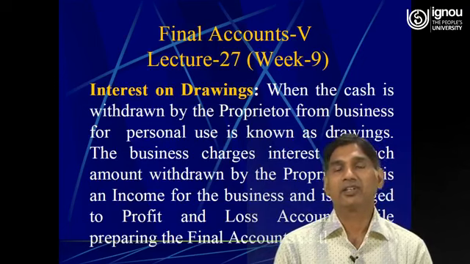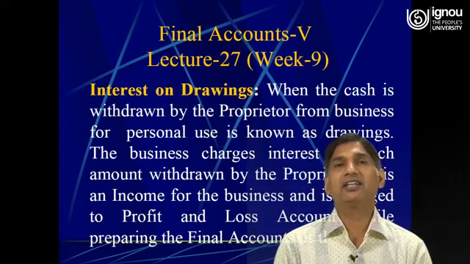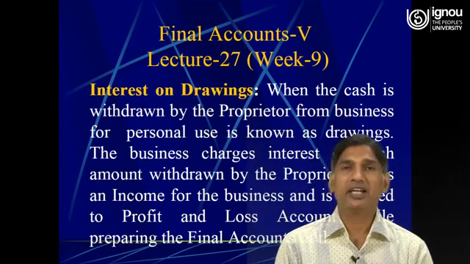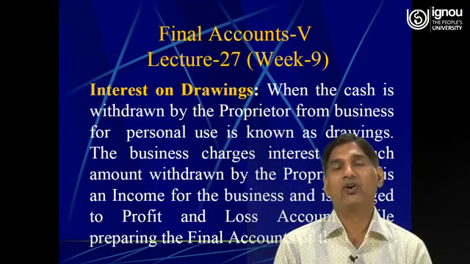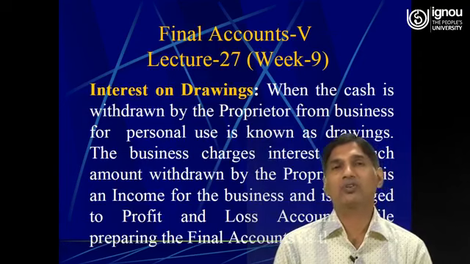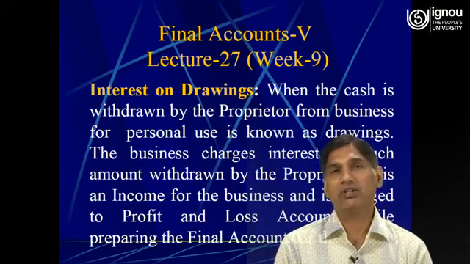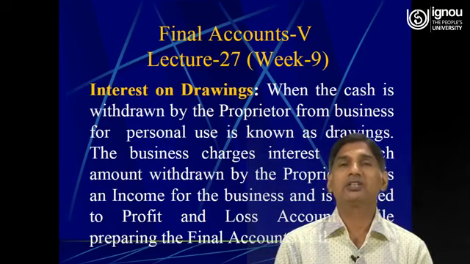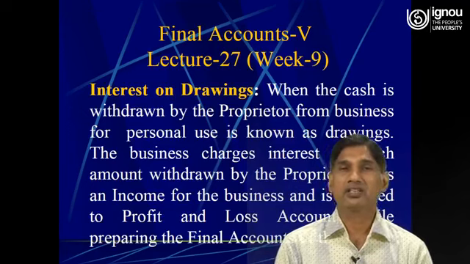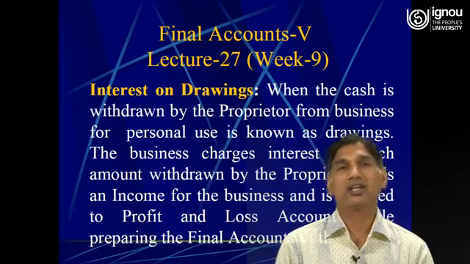Then, interest on drawing will also be added to the amount of drawing, and the amount of drawing after addition will be subtracted from the capital, and after subtraction the net amount is shown on the liability side of the balance sheet. So, this is how the interest on drawing is charged. Interest on drawing is just the reverse of interest on capital.